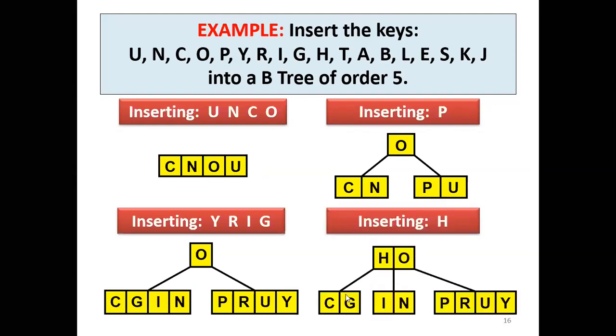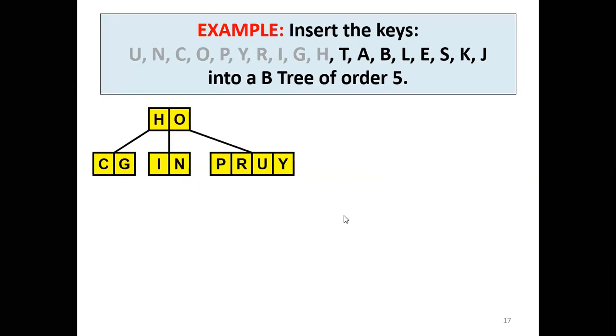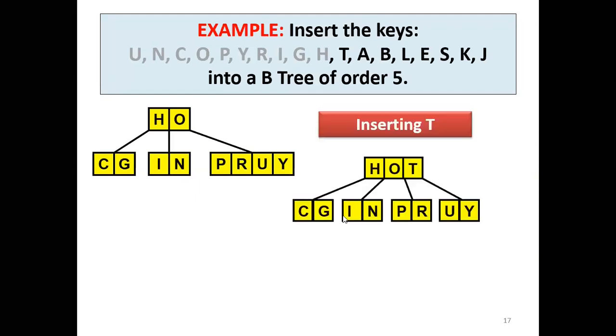If we do that, we split this node into two, we get CG and promote H to this part. This is what we are going to continue doing. We do the same thing for T, promote T.